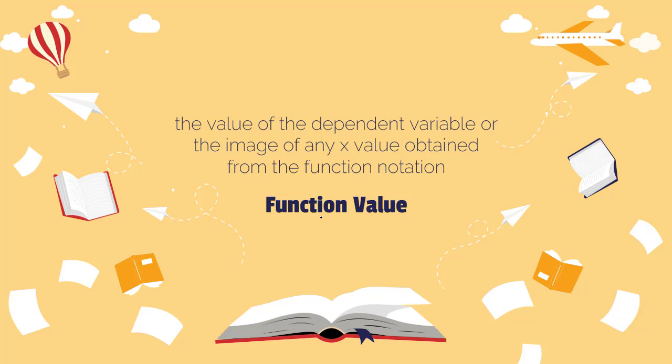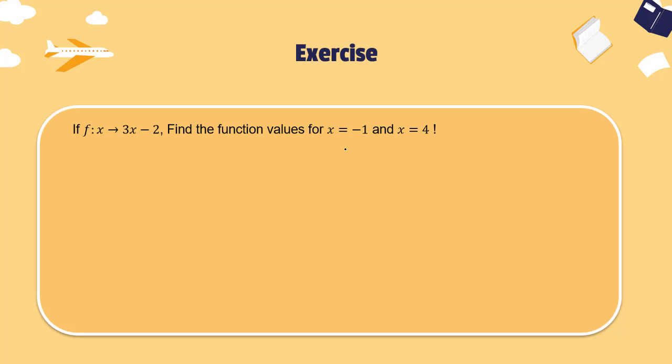So the function value has a definition: the value of the dependent variable or the image of any x value obtained from the function. So let's do an exercise. If I have f maps x to 3x minus 2, find the function value for x equals minus 1 and x equals 4. So we have the function notation f(x) is equal to 3x minus 2, and we have the inputs minus 1 and 4.